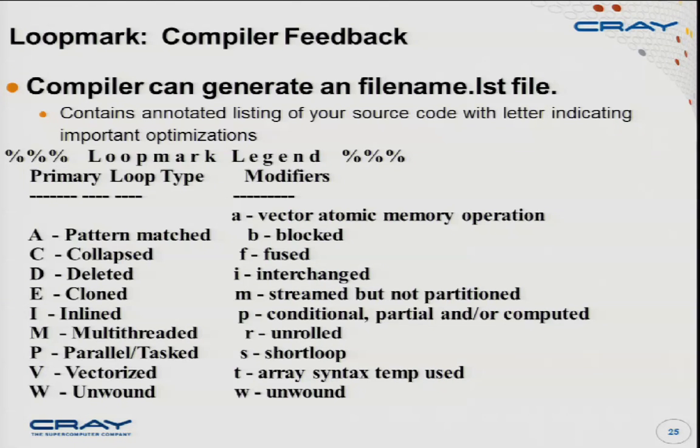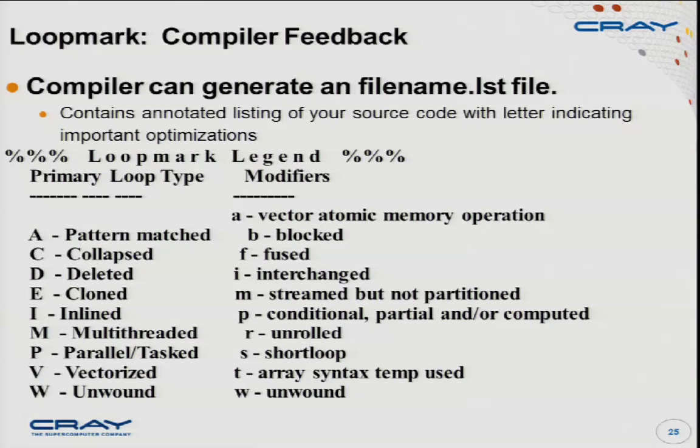Blocked is what we just talked about. It blocked your loop. It fused the loop. It actually can fission your loop sometimes too. I try to get them to do this, but it doesn't put a small f next to a loop that it fissioned, but you can find it in the messages. Interchanged a loop. Partially, conditionally, or computed vectorization.